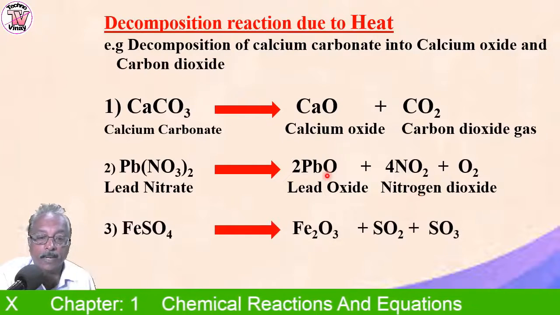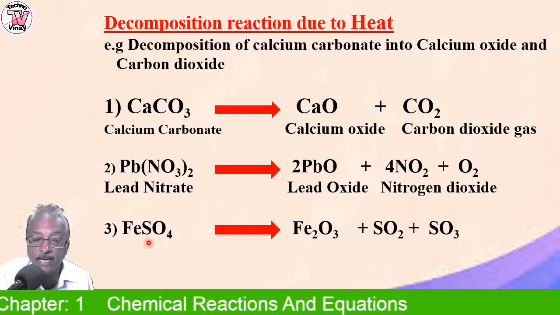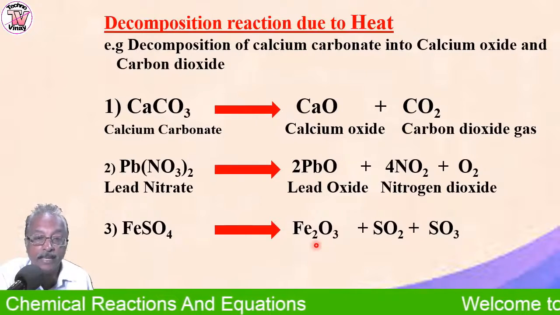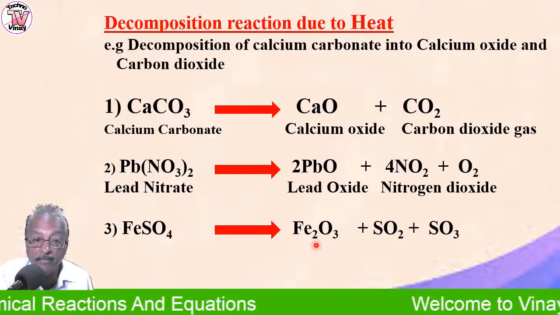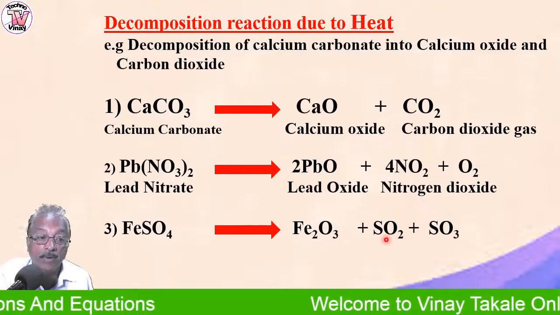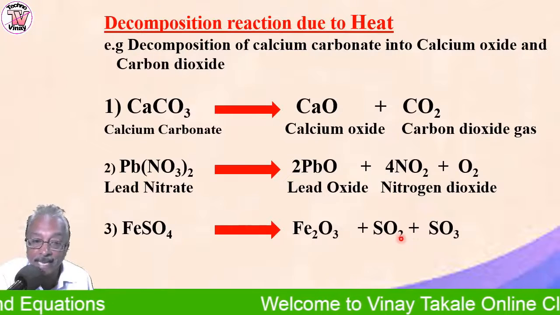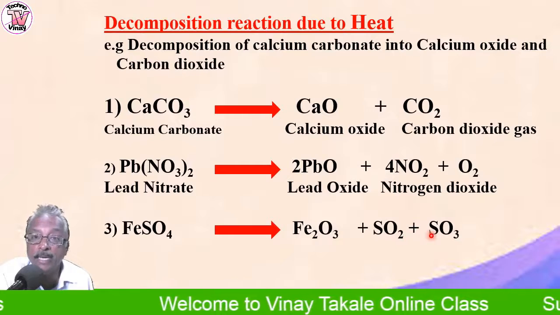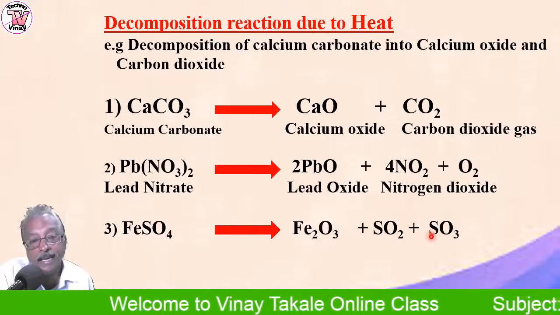Another chemical compound is FeSO4, that is ferrous sulfate. When you heat it, it will decompose to form Fe2O3, that is ferric oxide, and it gives out sulfur dioxide gas. SO2 is sulfur dioxide gas and SO3 is sulfur trioxide gas.